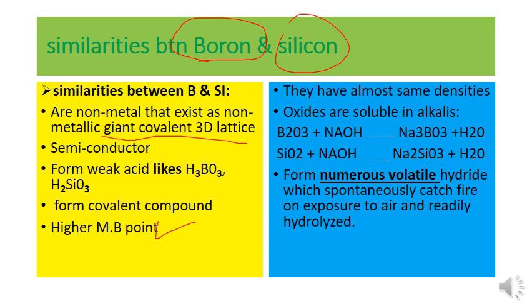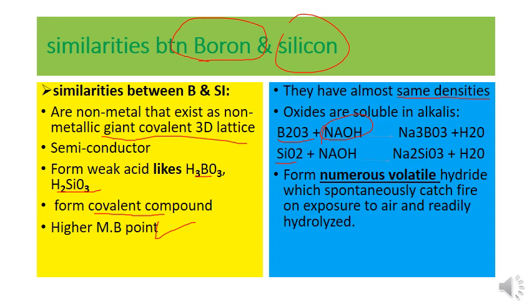Also, they are semiconductors and form weak acids like this and this. They also form covalent compounds and have almost the same density. The oxides of boron and silicon are soluble in alkalis. Alkalis are bases, and those are the products of this reaction.